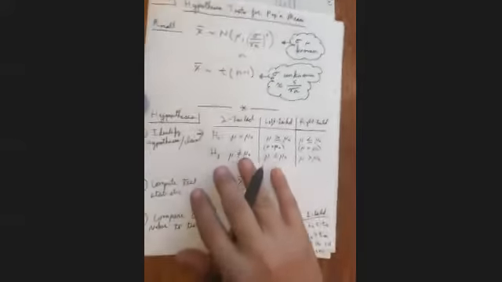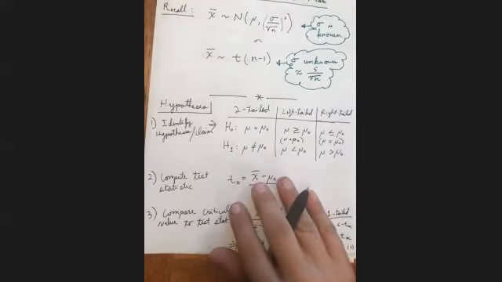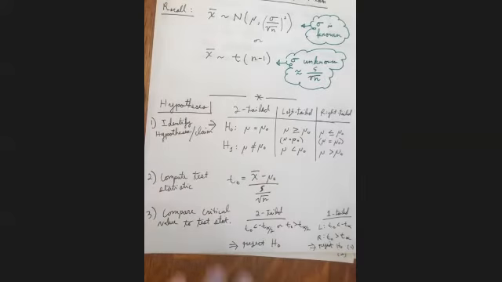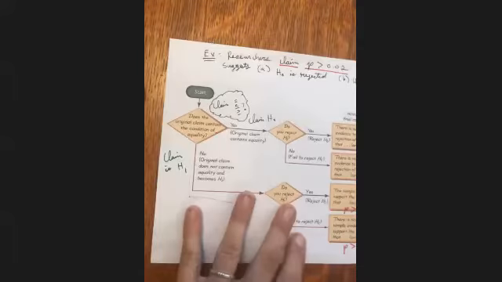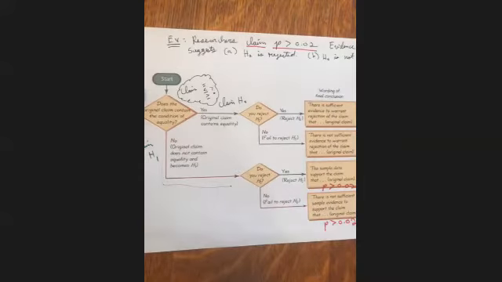At which point, once we know whether or not we reject the null hypothesis, we can then draw up a conclusion. And we know how to do that. Let's see if I've got it in this pile. Yeah, we use our handy dandy flow chart. Okay, so use the flow chart to help us word our conclusion based on the various outcomes of our test.